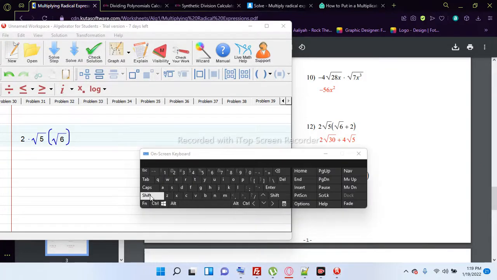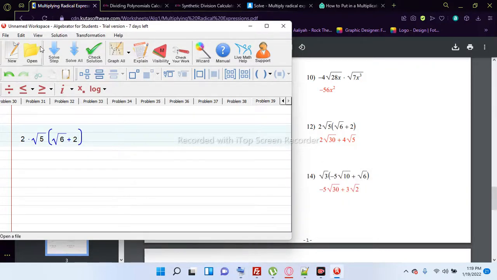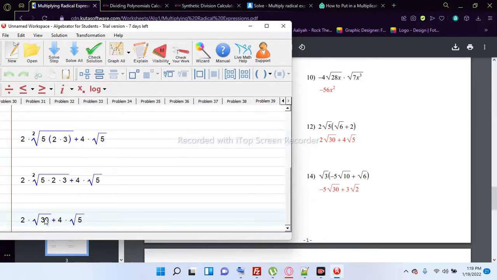Plus 2 here. Shift. Plus 2 inside the parentheses. Okay, let's see if we did it right. There it goes.